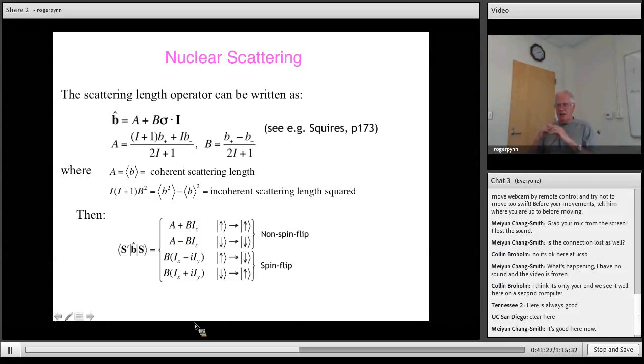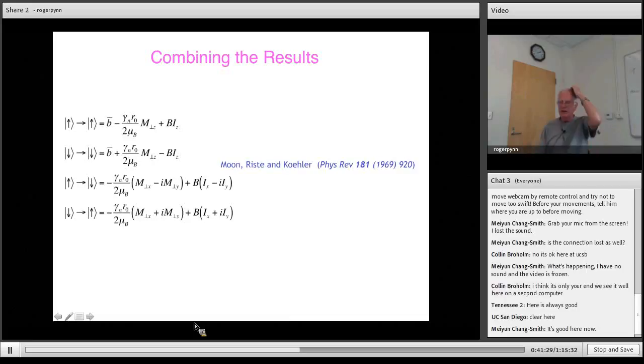So now we can pull it all together and see what the various pieces are. So if the neutron is not flipped during the scattering process, then this is a coherent scattering plus isotopic incoherent scattering. Here's the component of magnetization which doesn't flip the spin, and here's the piece of the spin incoherent scattering that doesn't flip the spin.